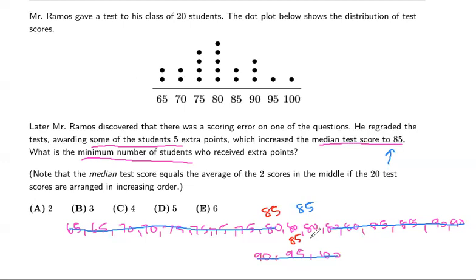And then this has to be 85 as well. If these are 85, this is 80, but that doesn't work, because if these are 85, these should be larger than this, because for the median you write the numbers from smaller to larger. So this should be 85, and then this is going to be 85 as well.